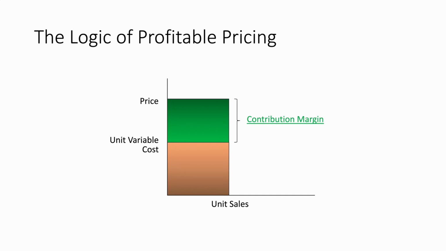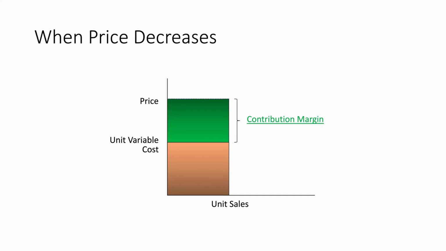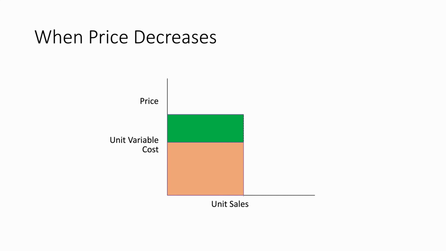Now, if the company decides to make changes in price, what happens? When price decreases, if the company drops price, we would expect demand to increase. The demand would move out. Between these two changes, the new scenario is that the profit moves to here and the cost becomes this block.